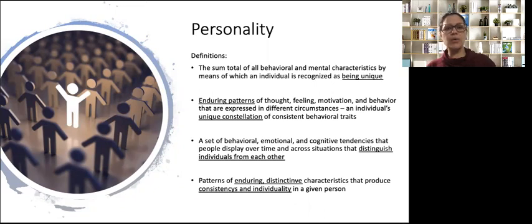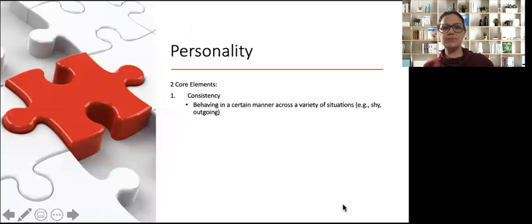So, we're looking at not only individualistic characteristics, but also behaviors that are consistent for you across different situations. So, really, the two core elements of personality are consistency and distinctiveness. So, consistency, like I previously mentioned, is behaving in a certain manner across a variety of situations.